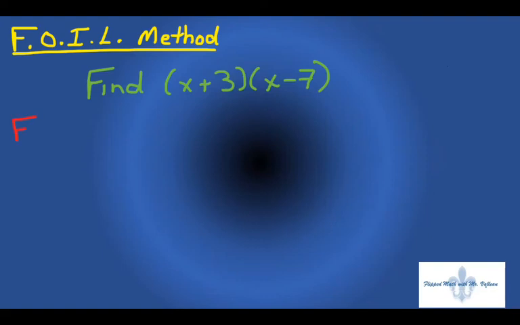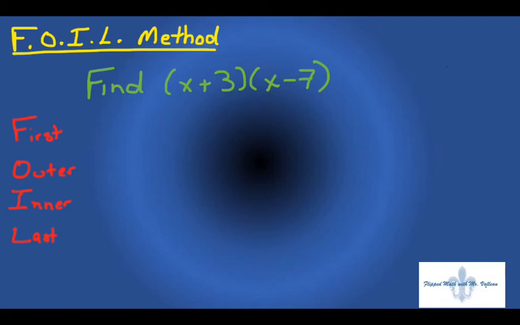The FOIL method says that we multiply the first terms, the outer terms, the inner terms, and the last terms.